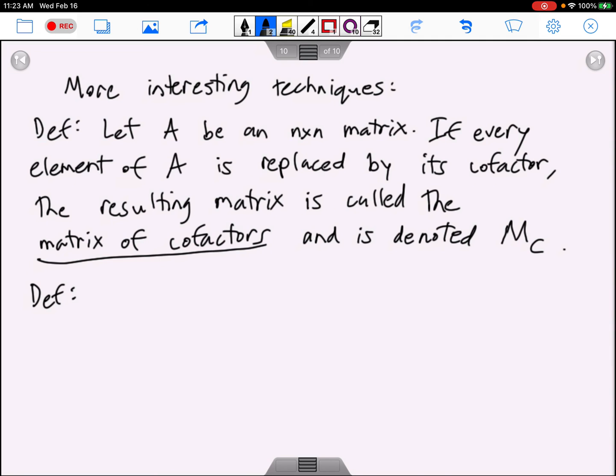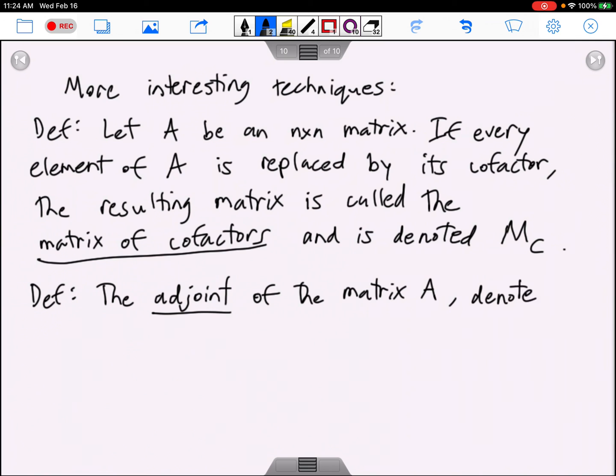Another definition. The adjoint of the matrix A, you denote it this way, adj A. So that just means adjoint of A is as follows.